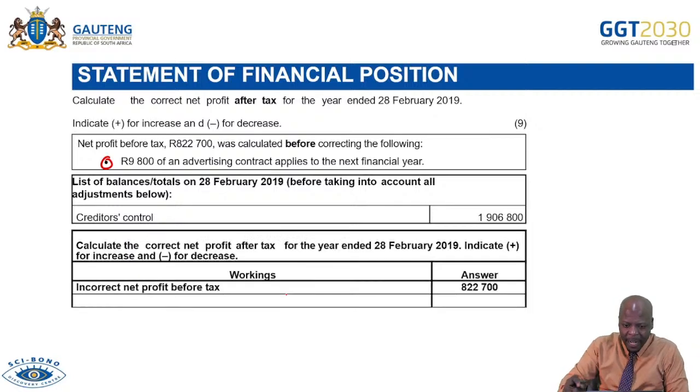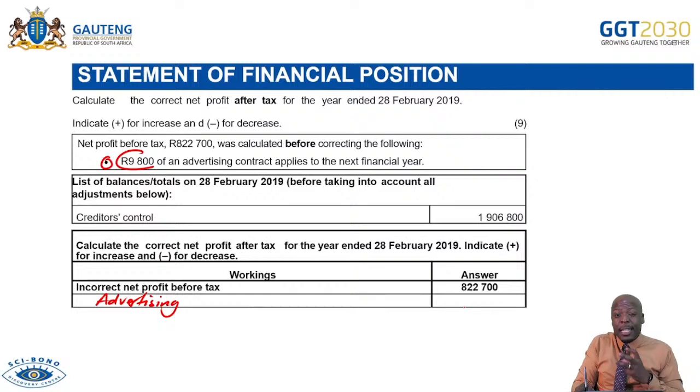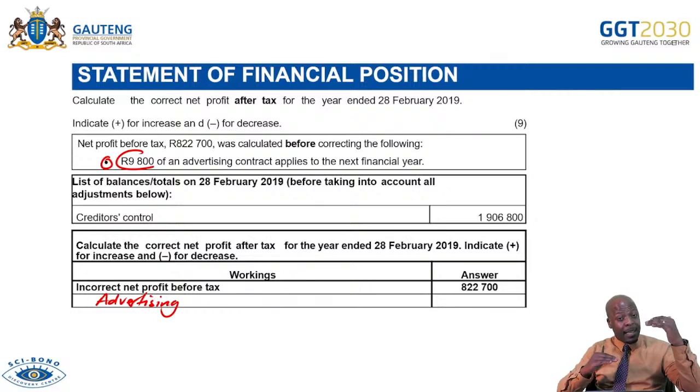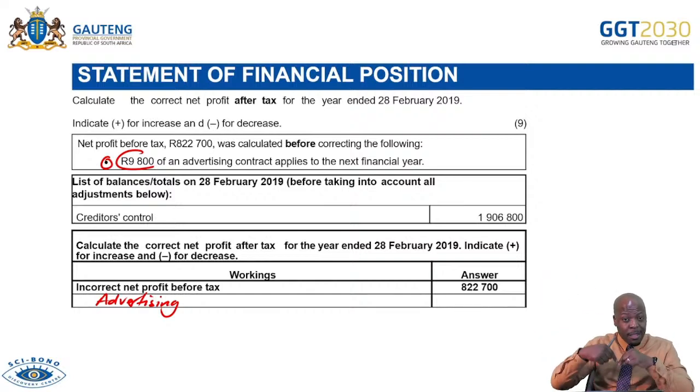All right, let's see. Do I have an answer book? Yes, I have it. So when I come here, what am I going to say? I'm going to say advertising, and my amount is 9,800. So what I am sitting with is expenses that were recorded more. If expenses were recorded more, my profit becomes less. So I'm sitting with profit that is less because we recorded an expense for the next financial year in this year.